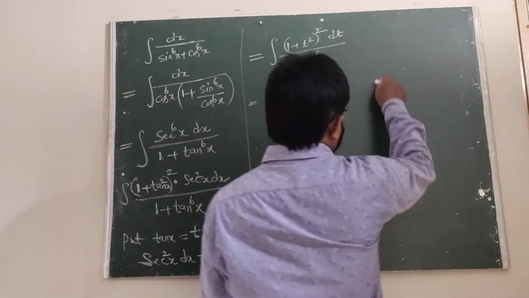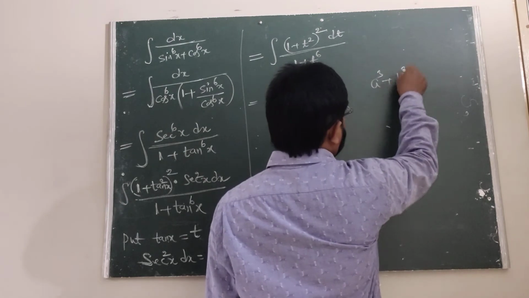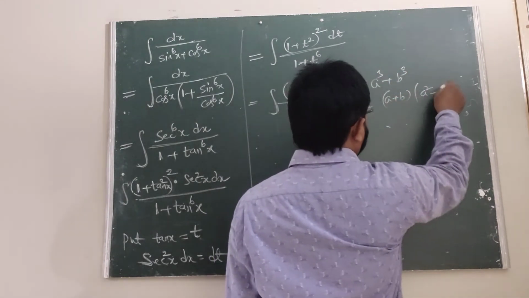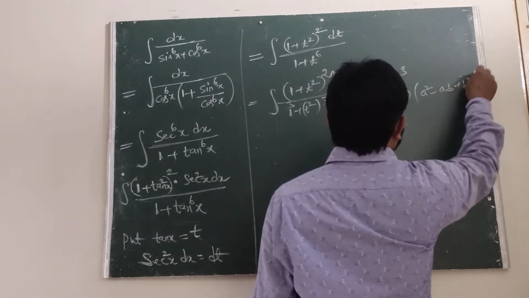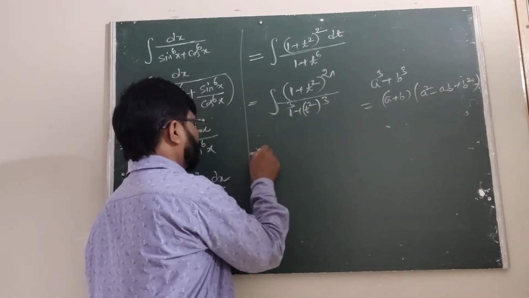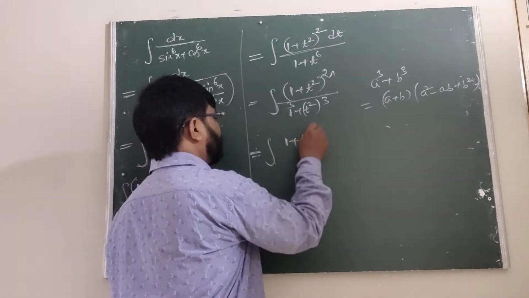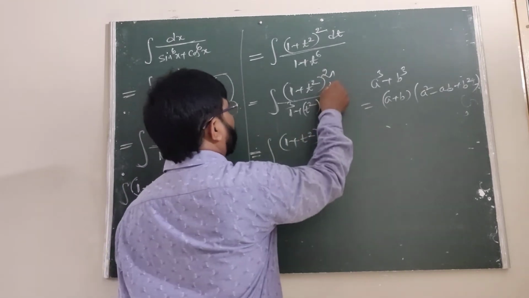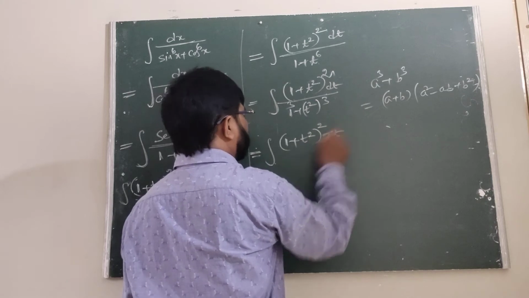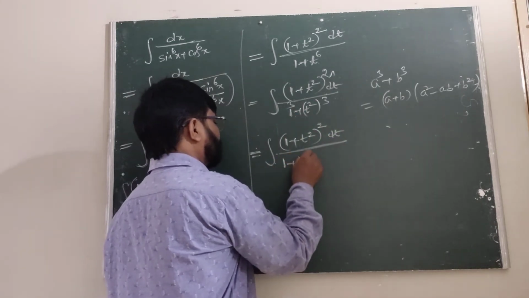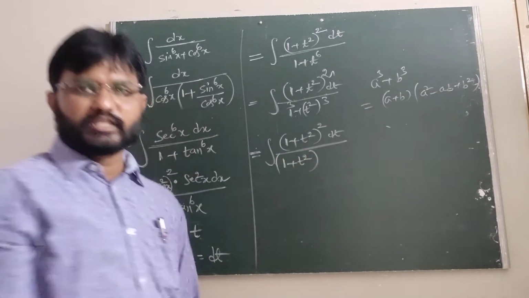Therefore the integral of 1 plus t square whole square dt, in the form a plus b, a is 1 and b is t square.